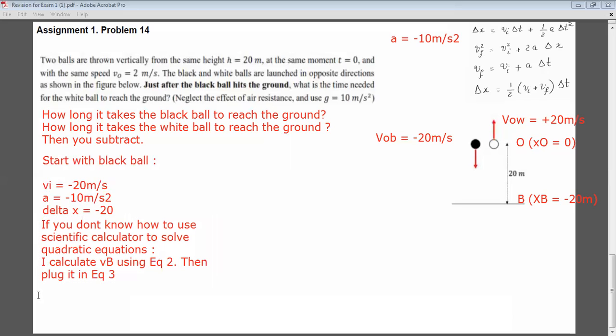Equation 2 is VB squared equal to V initial squared plus 2a delta x.